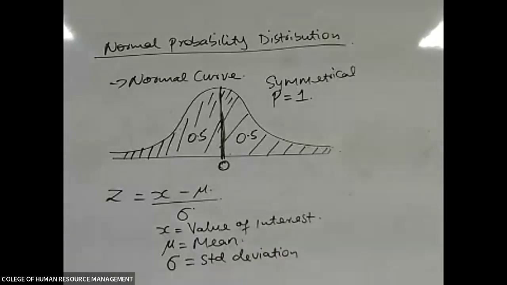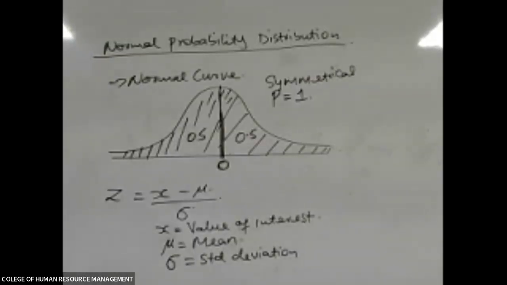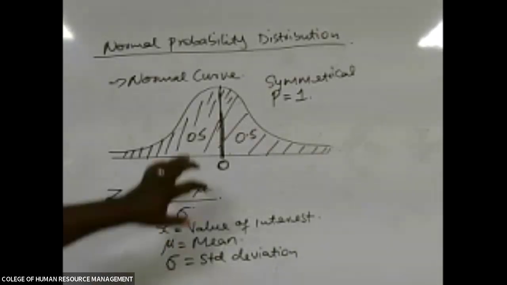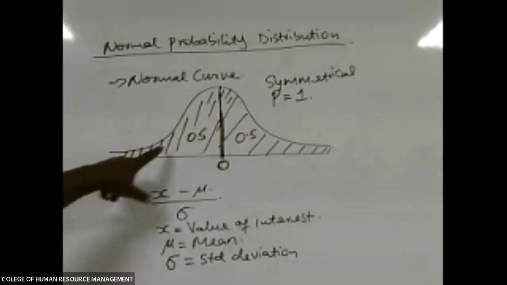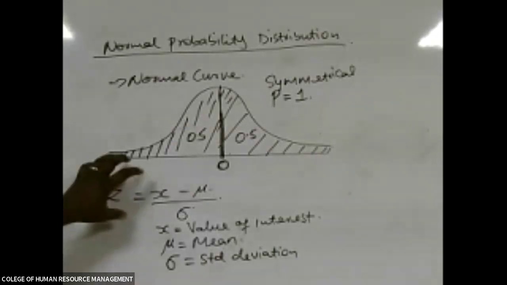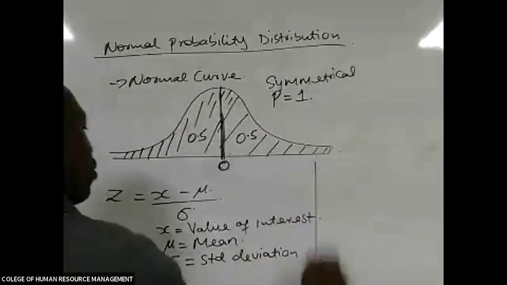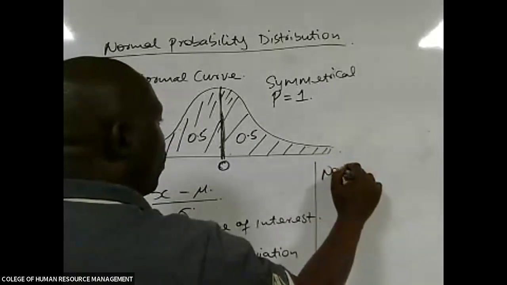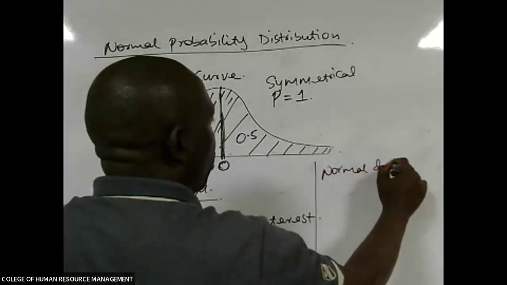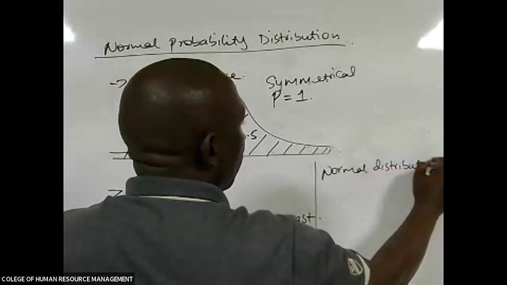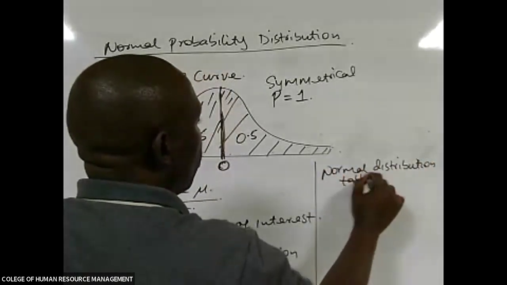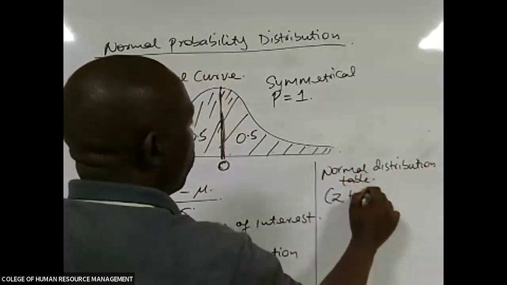You calculate the z-score. After calculating the z-score, we are going to use the normal distribution table, which will give us the values or the probability to the left of the normal distribution curve. We are going to use the normal distribution table, which we normally call the Z table.